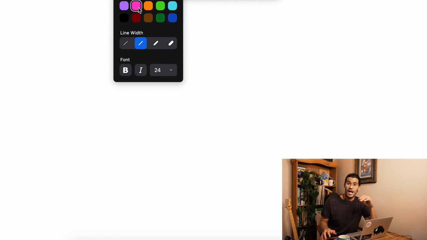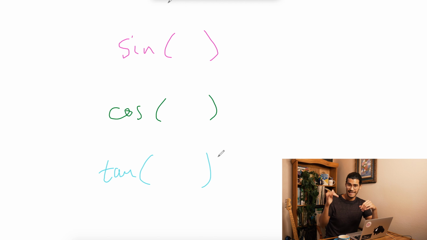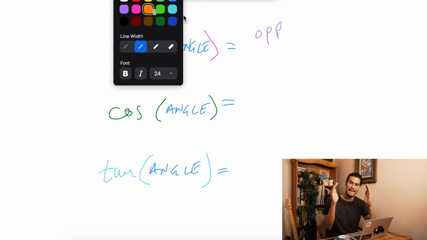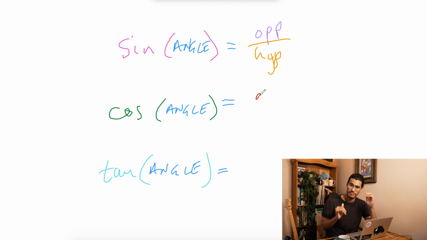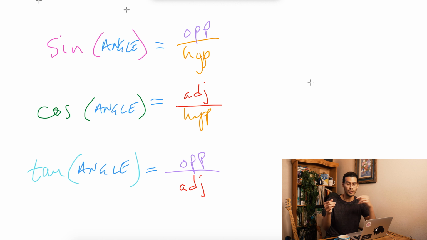All right, so I have here a quick reference sheet that gives you sine, cosine, and tangent, and I like to write them this way because it reminds me that sine, cosine, and tangent all have an angle that you're putting into them. And then from the perspective of that angle, what is the opposite over hypotenuse in the case of sine? Or what is the adjacent over hypotenuse in the case of cosine?